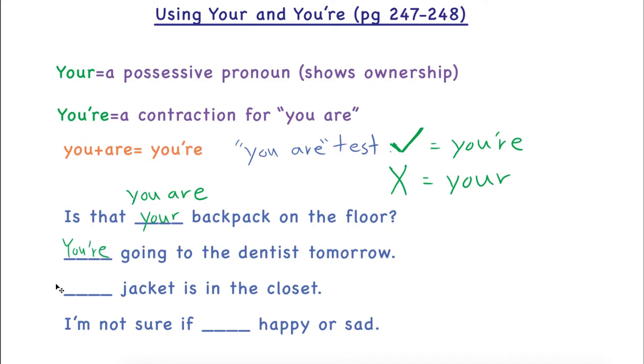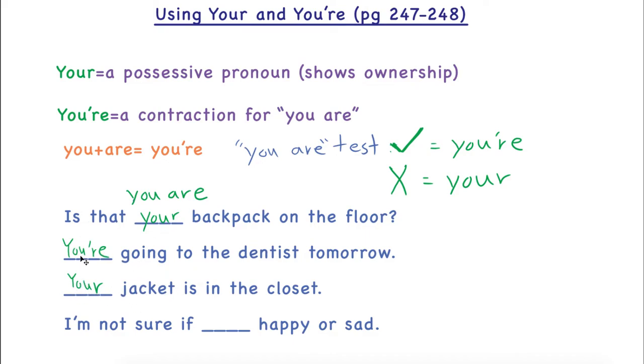All right. Do the next one by yourself. Blank jacket is in the closet. Do the "you are" test. Fill in "you are" in the beginning of the blank. "You are jacket is in the closet." Does that make sense to you? No, it doesn't. So you would use your. It's talking about whose jacket it is: your jacket, okay?